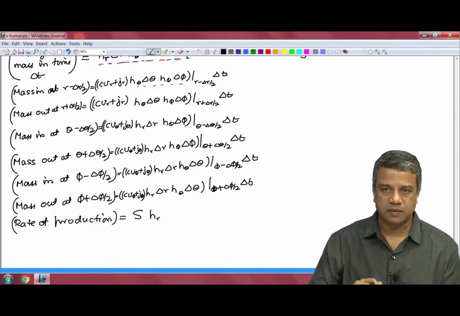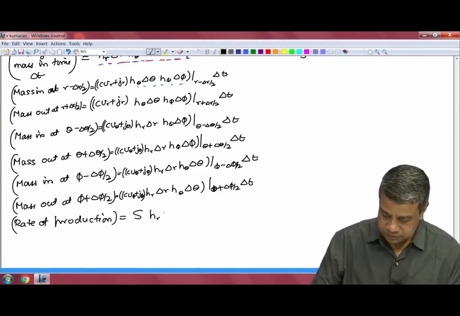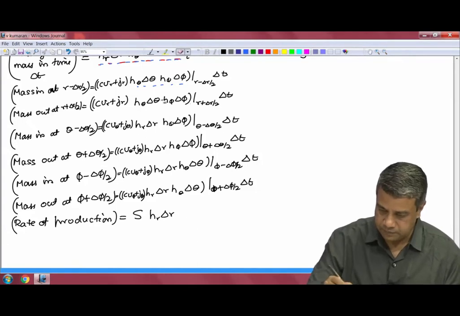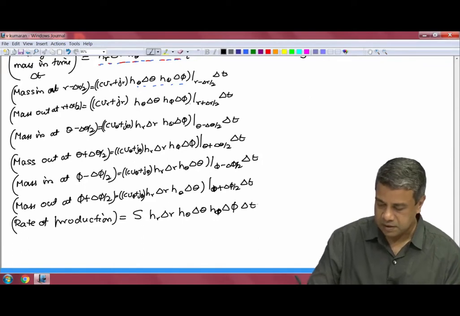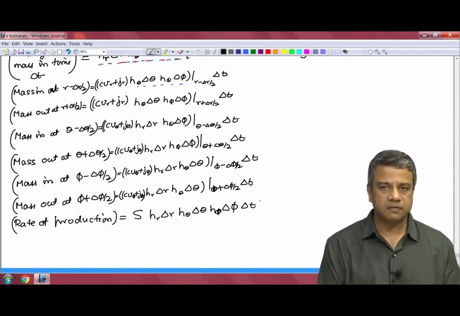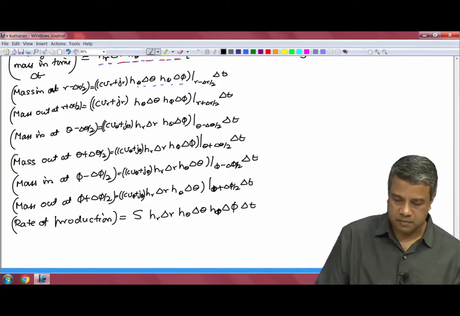This is the volumetric production rate. It is multiplied by hr delta r h theta delta theta h phi delta phi, the volume, and by delta t.